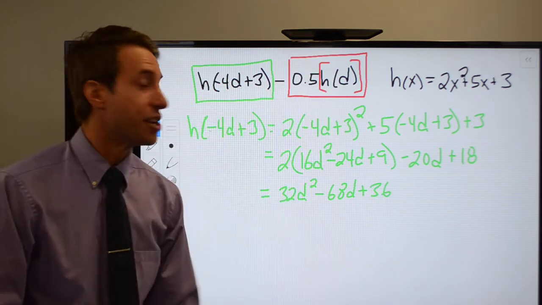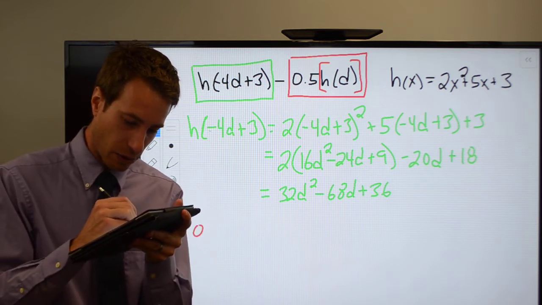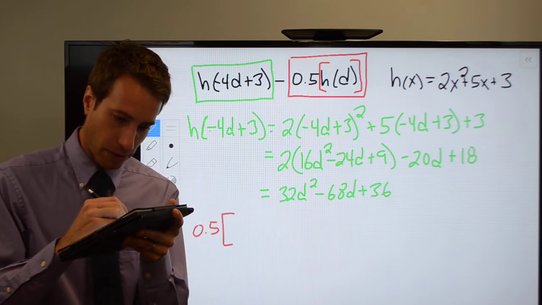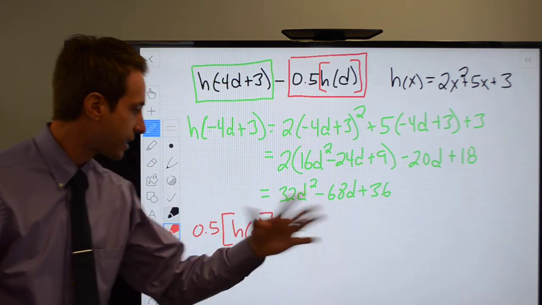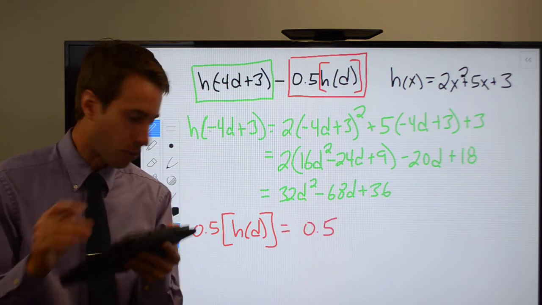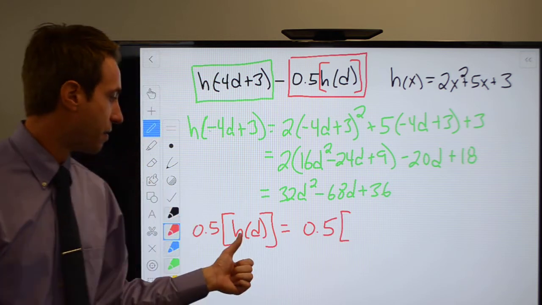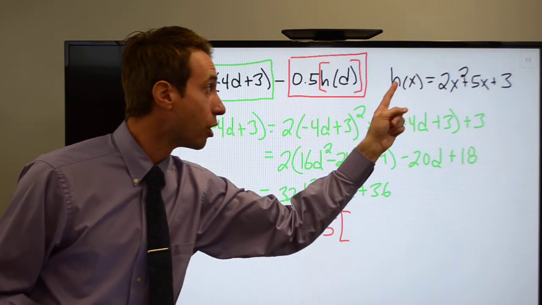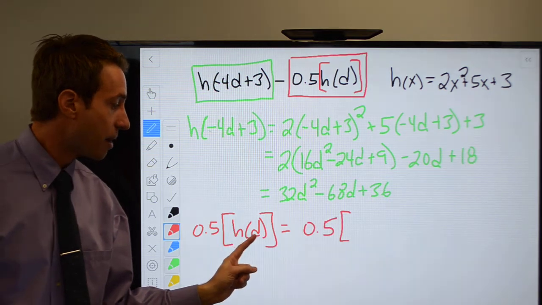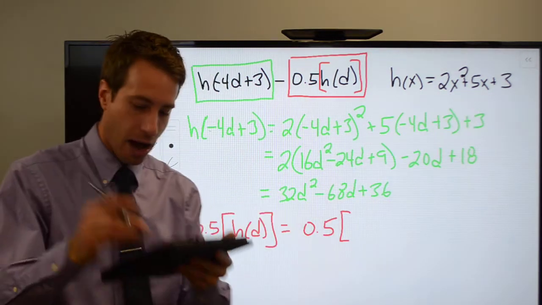Okay, that takes care of that first part. Now let's go ahead and knock out this second part. I'm going to have 0.5 multiplied by h. I want to evaluate that at d again. I added the brackets because it helps me see that a little bit better, so I know I'm going to multiply that 0.5 by this polynomial, right, the polynomial h, but evaluated at the domain value of d. So I'm going to plug a d in everywhere I have an x.